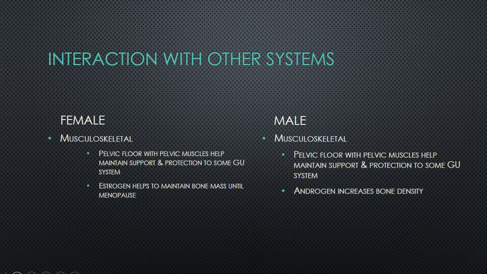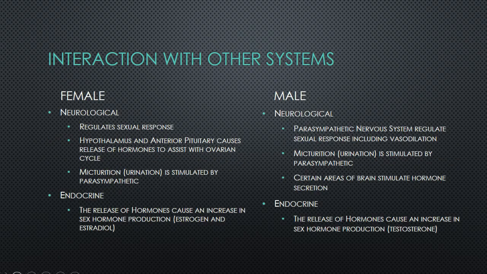For the musculoskeletal system, the pelvic floor helps pelvic muscles to maintain support and protection, and that's for both male and female. In the female, we have estrogen, which helps to maintain our bone mass until menopause, and in the male, they have androgen, which increases bone density.